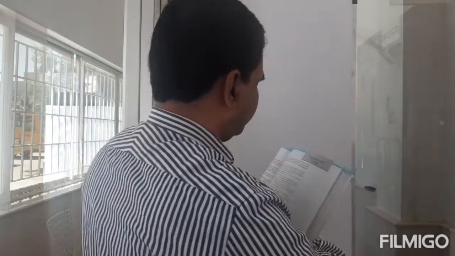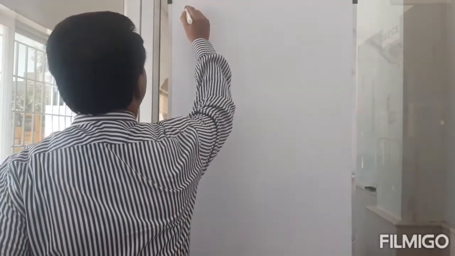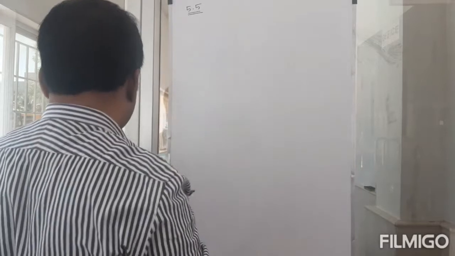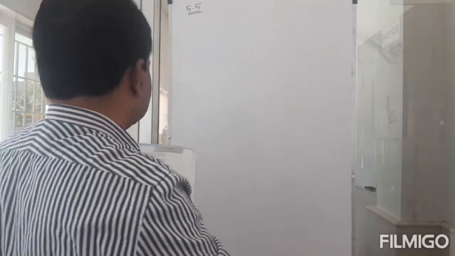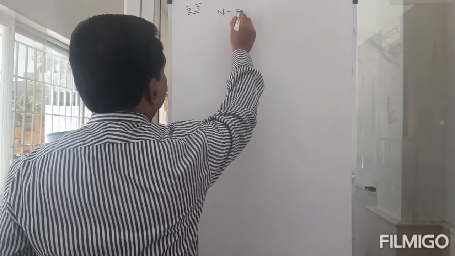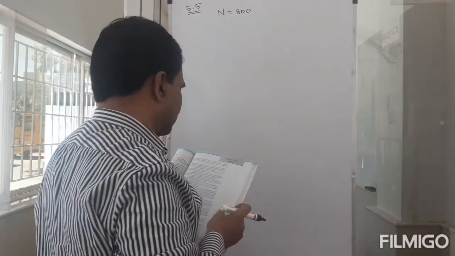Next one, what is its associated magnetic moment? That's easy to do. So 5.5. The number of turns in the solenoid is equal to 800, total number of turns.